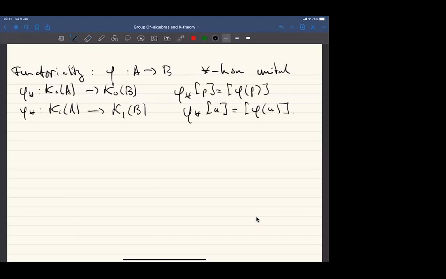Okay, now if your algebra doesn't have a unit, you need to modify these constructions a little bit. That's because not having a unit corresponds to having some sort of non-compact space, and this forces you to think about vector bundles, and you want to somehow control the behavior of the vector bundles at infinity.